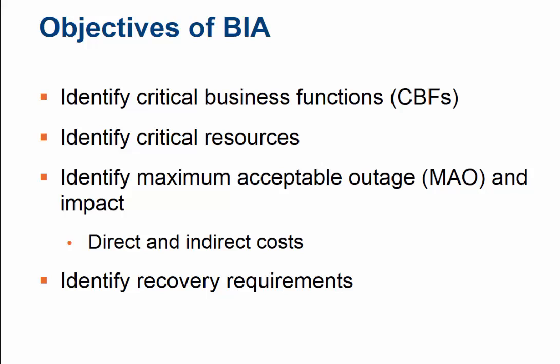So the objectives of the BIA are to identify the critical business functions, identify critical resources, identify the maximum acceptable outage, the impact, and the direct and indirect cost. Identify recovery requirements.